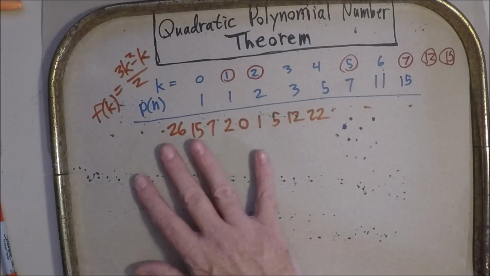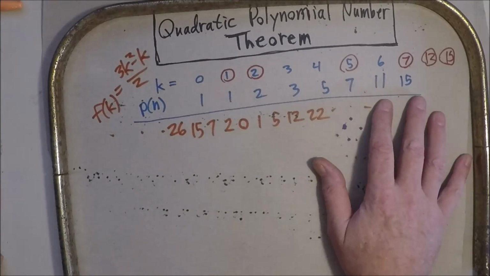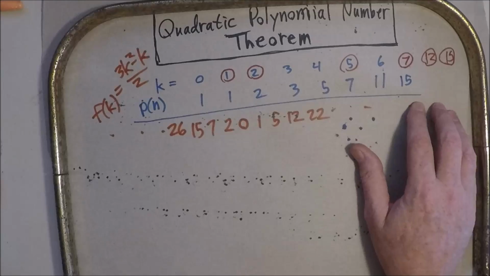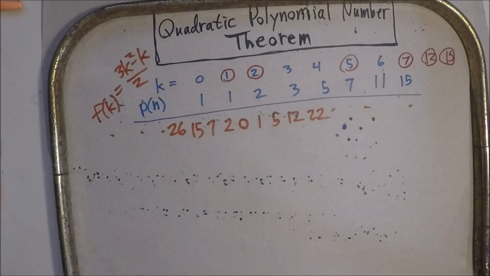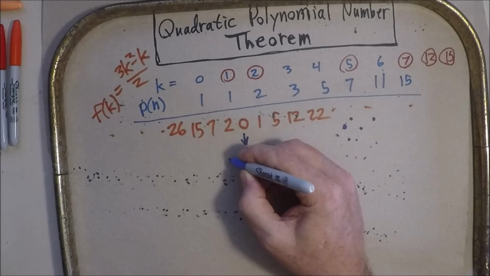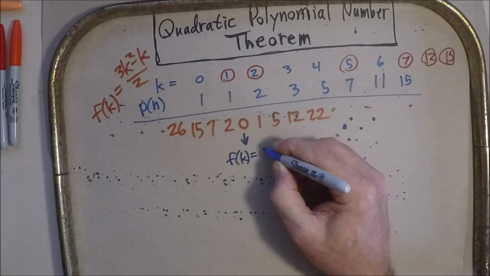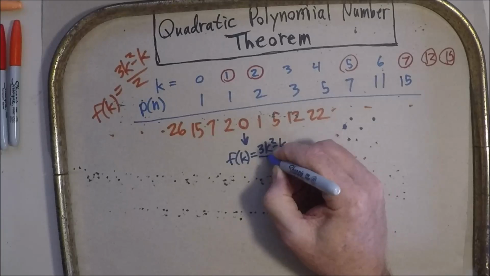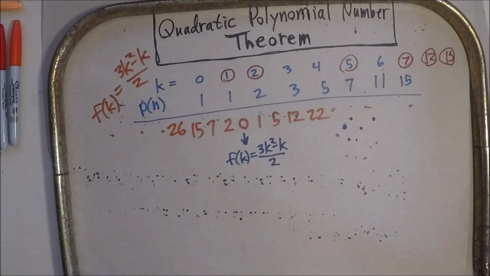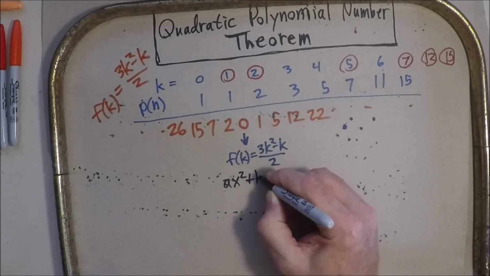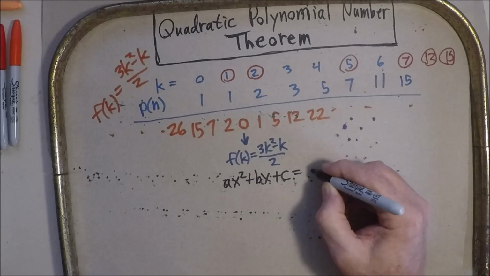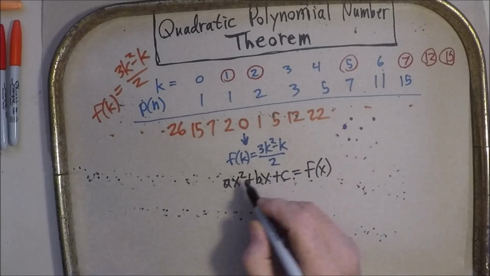It actually is a more sensible way to think about a polynomial in terms of the sequence, because f of k equals 3k squared minus k over 2, and it's going to have an ax squared plus bx plus c equals f of x form to it.